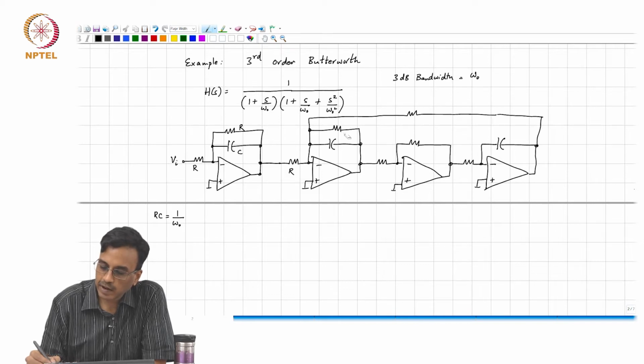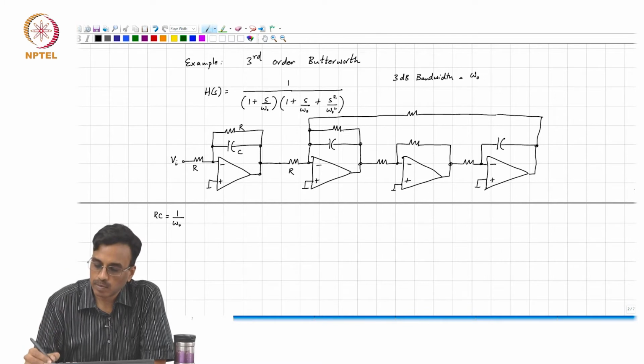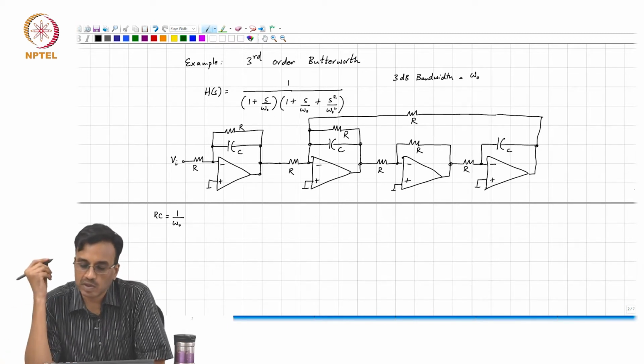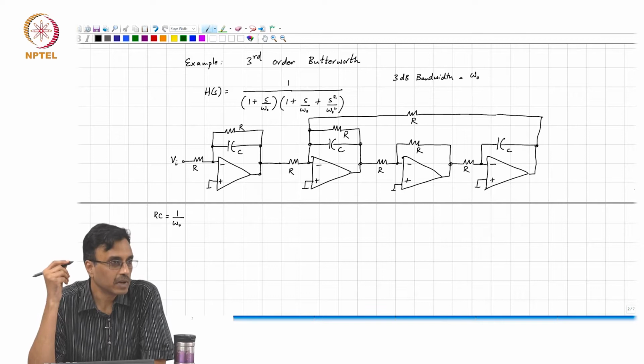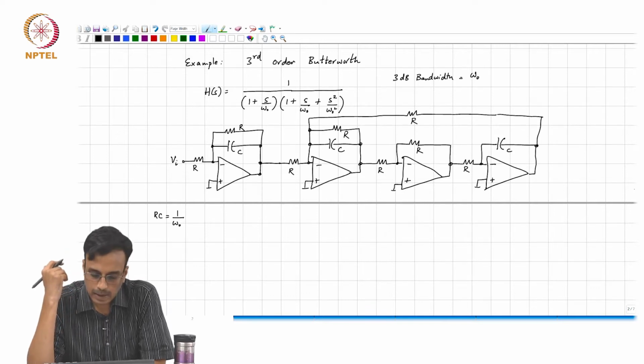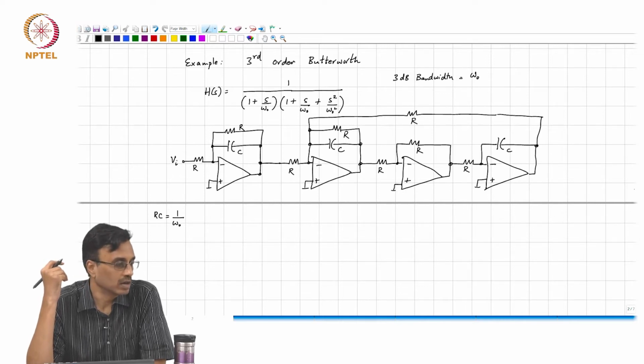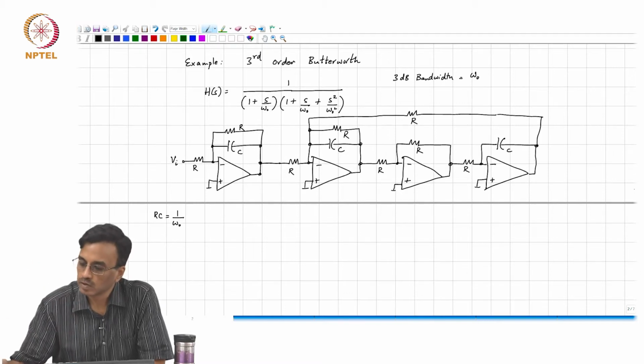And what is Q for the second order stage? It's simply 1. So, quite conveniently, choosing all resistors to be the same and all capacitors to be the same gives you a third order Butterworth filter, with the bandwidth being 1 over RC, which is omega naught. So, this is H of s.